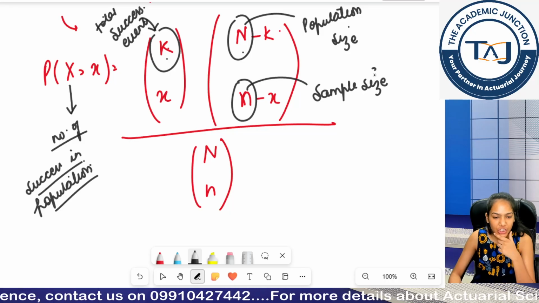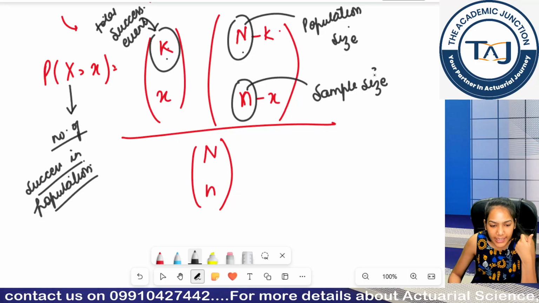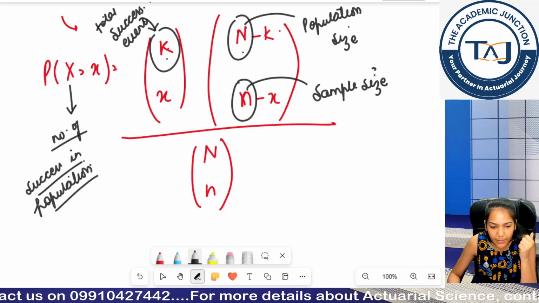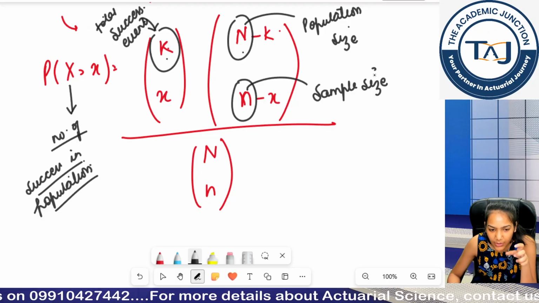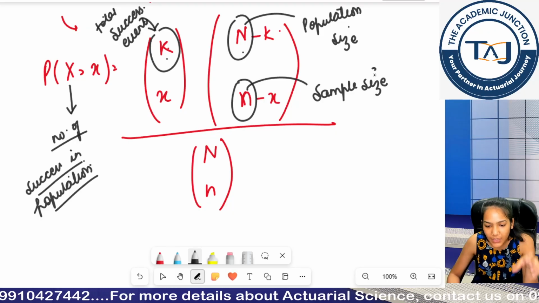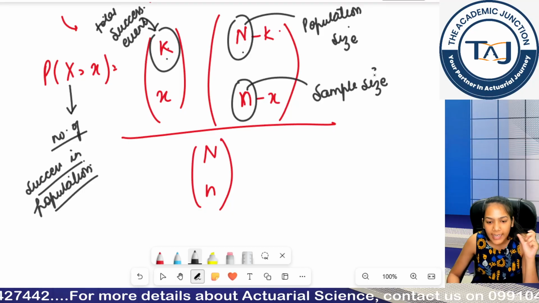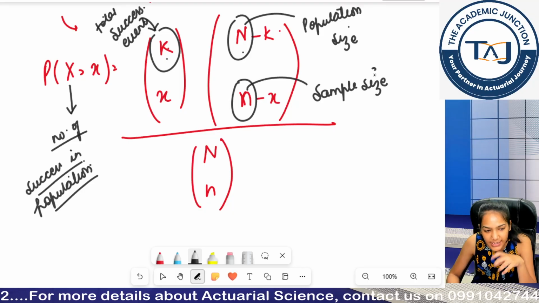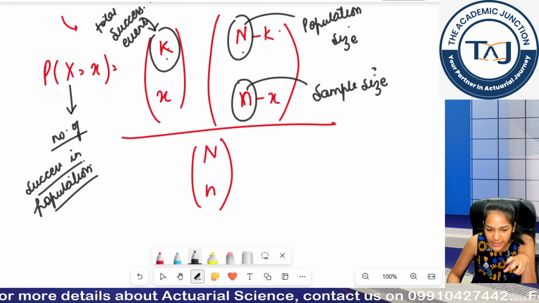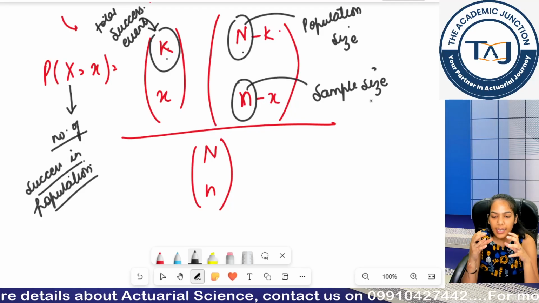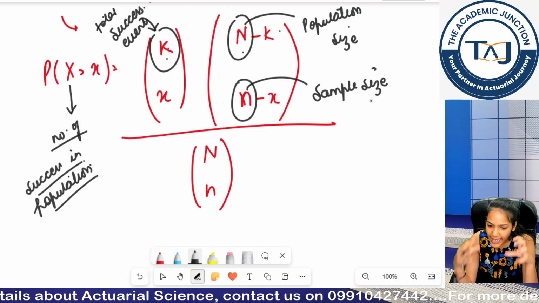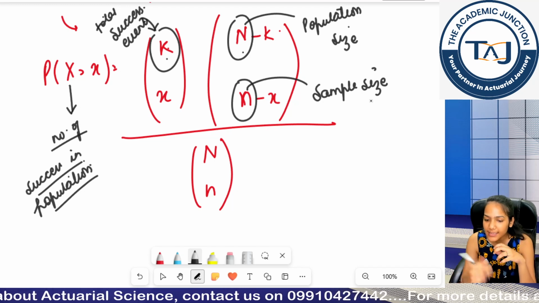Are the four notations clear? Let me repeat again. Capital X is the random variable modeling the number of successes. K is the total number of success events in the population, N is the population size and small n is your sample size. There is a population of N size, and there would be K success events in it.